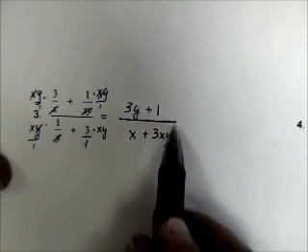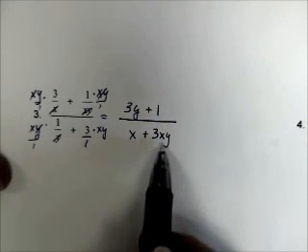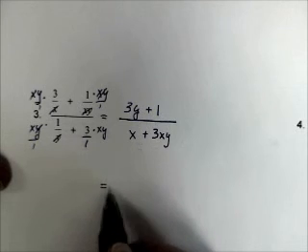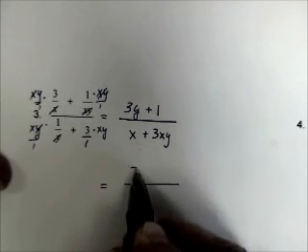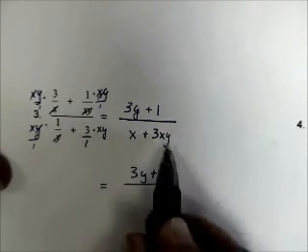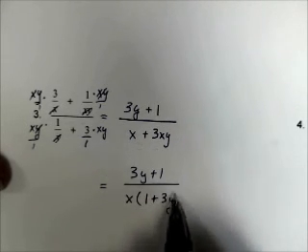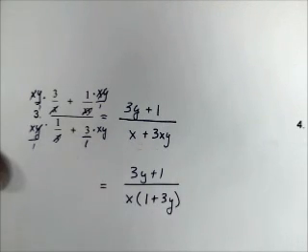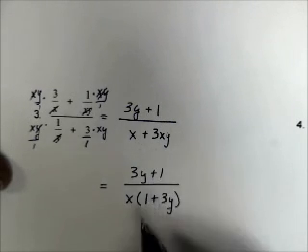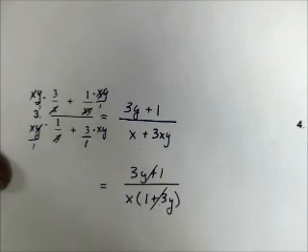Now, can this be simplified? Well, the denominator has a GCF, so let's factor that out. Copy the numerator. X factors out, and we're left with 1 plus 3y as the other factor. This is common. They're the same. They divide out. So our answer is 1 over x.